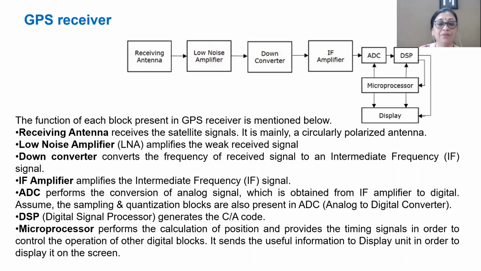Now, after processing, the position of a point of interest is found, and this position will be displayed with the help of the display unit present in your receiver. So the three-dimensional information, altitude, longitude, and latitude, will all be displayed on the screen. Okay. So this is how your GPS receiver works.